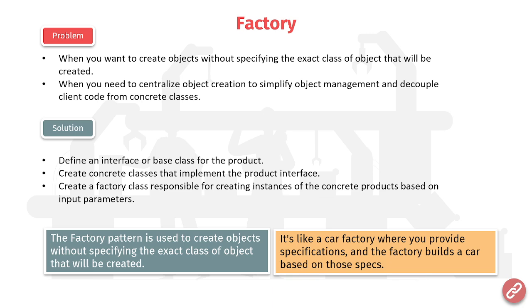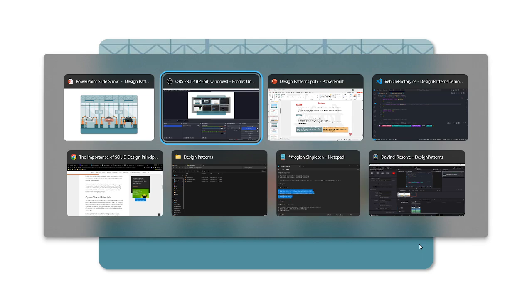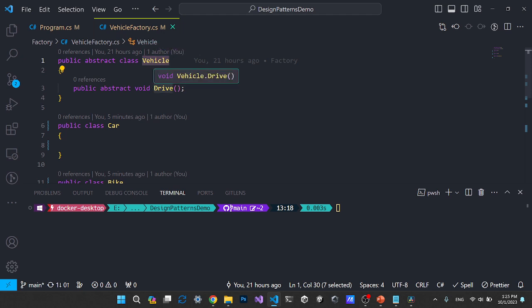Okay, so as I mentioned, think of this as a car factory where you want to create a car based on the given input parameters. So let's switch to the code. Here you can see we have the abstract class called Vehicle, and it has an abstract method called Drive, right?